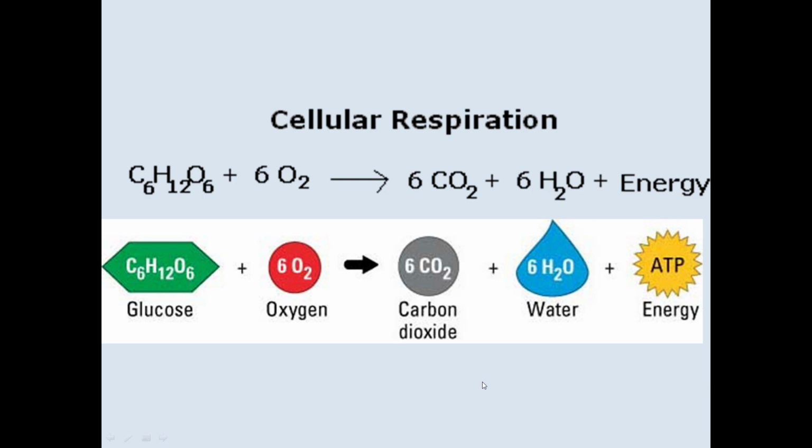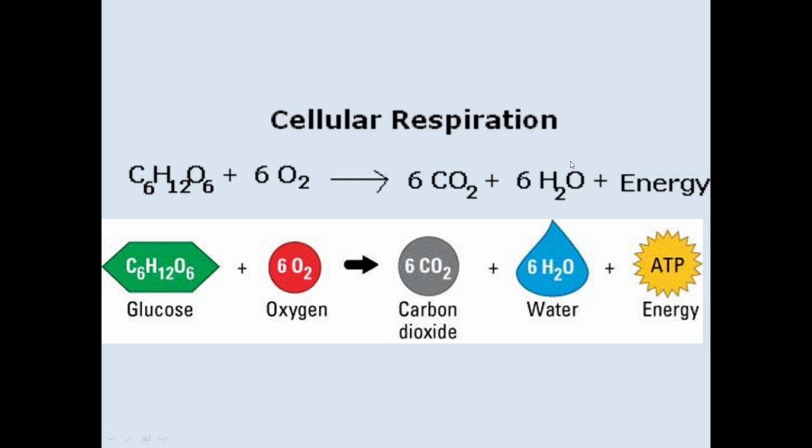You can write cellular respiration as an equation like this. Glucose plus oxygen forms energy. That is what we expect to get. Apart from that, it produces carbon dioxide and water as byproducts. Glucose plus oxygen produce energy, carbon dioxide and water.